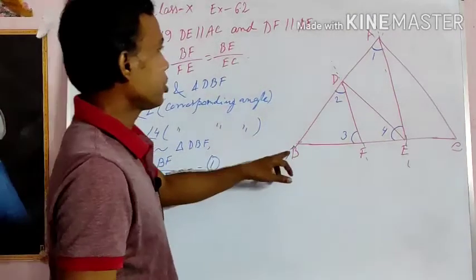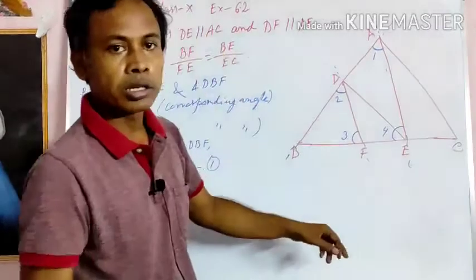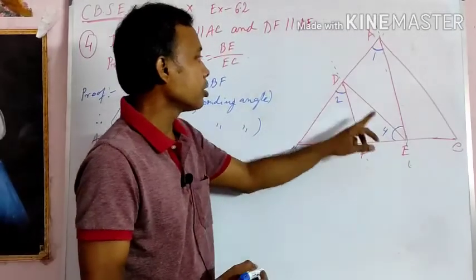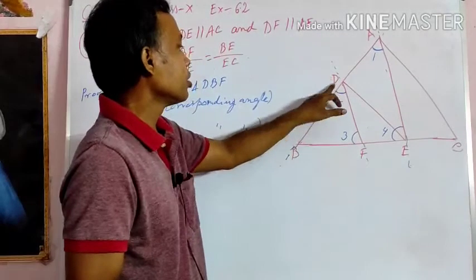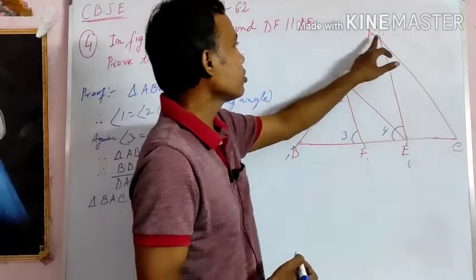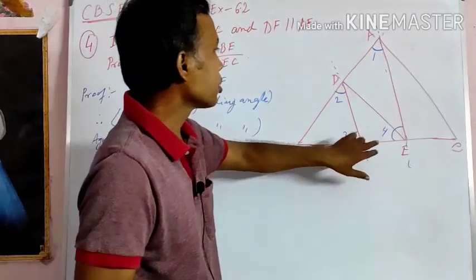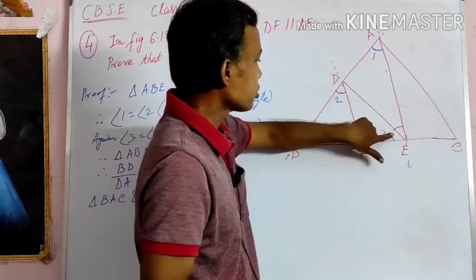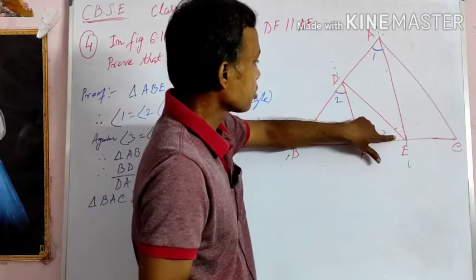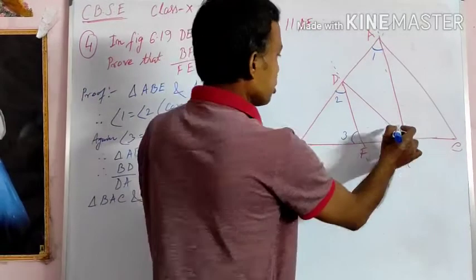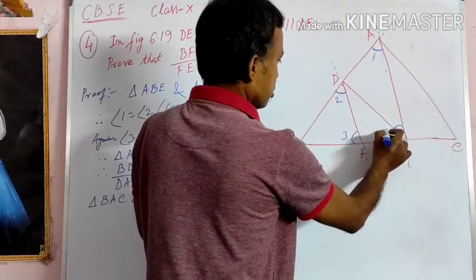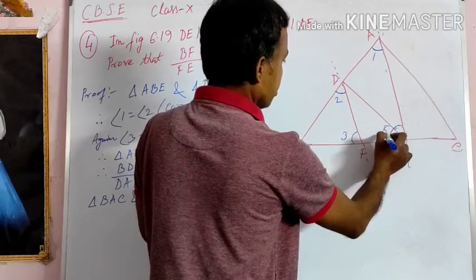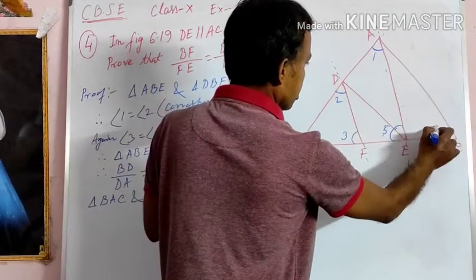In triangle BAC and triangle BDE, here DE is parallel to AC, therefore we can write: suppose this is angle 5 and this is angle 6.